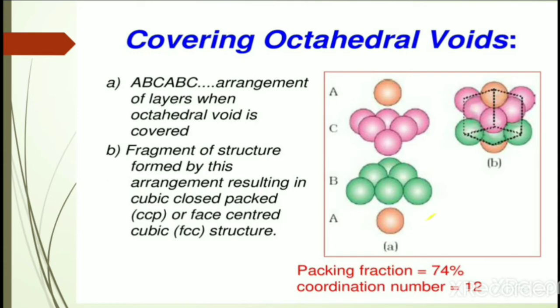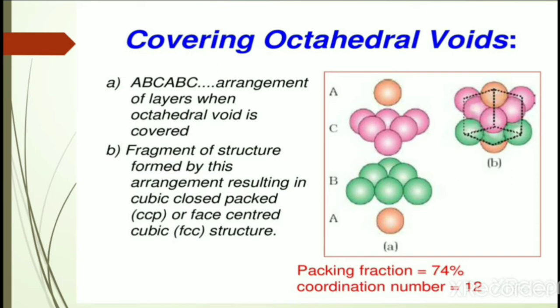So in the first images, here the ABC type of arrangement of the layers. When the octahedral void is covered here, then the third layer may be placed over the second layer. In such a manner, the octahedral void is formed.